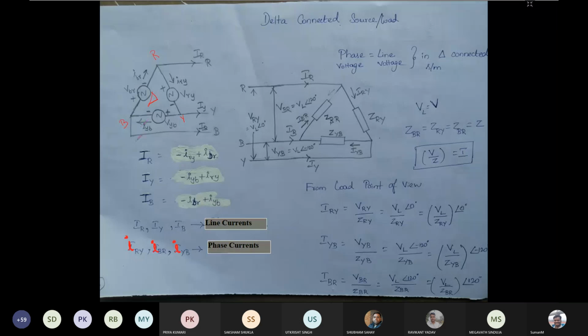Now here, one thing you should note down is, if you take one phase, this is one phase, so this is the R terminal and Y terminal. Let's say the voltage across these two points is R1 Y1.